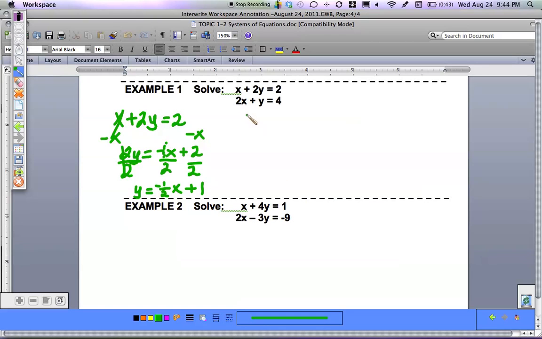Over here, obviously we've got the y by itself here, so let's move over to here. What needs to be done to get the y by itself? I think we need to remove the 2x, and since it's being added, we're going to subtract it from both sides. These cancel away, leaving a y on the left-hand side and a -2x plus 4 on the right-hand side.